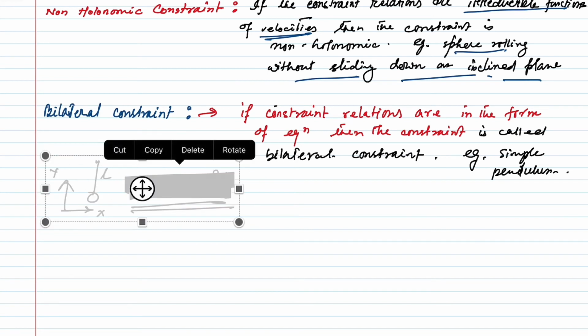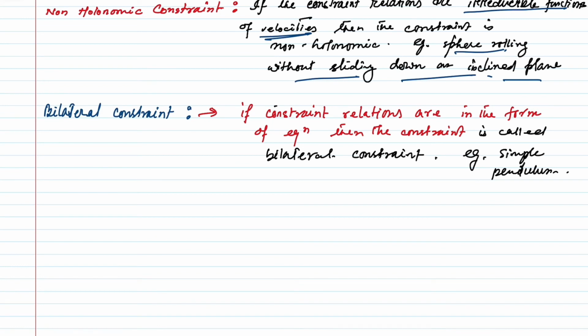Now there is another type, the unilateral constraint.